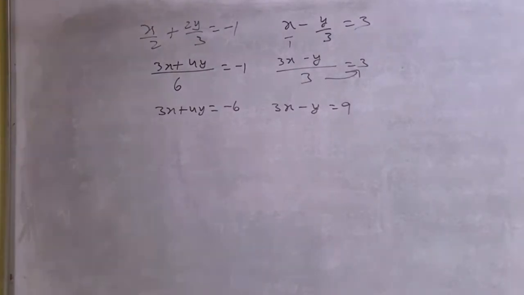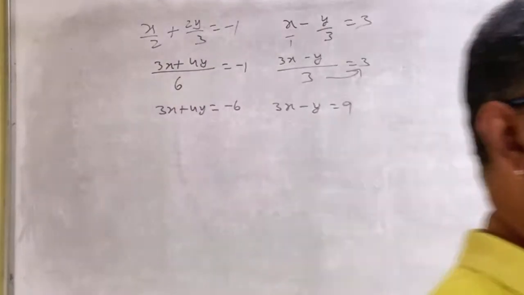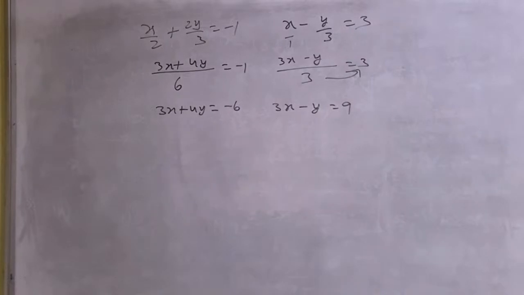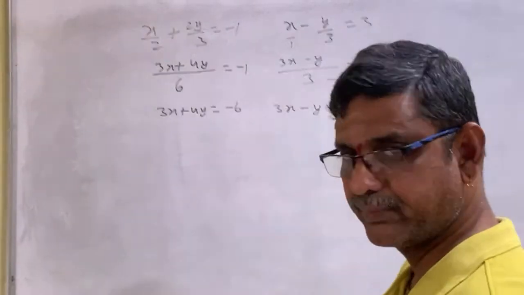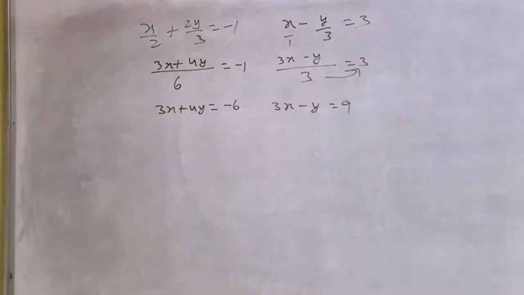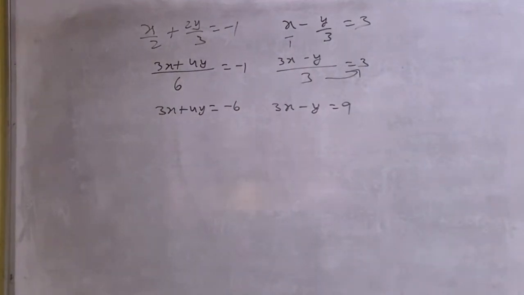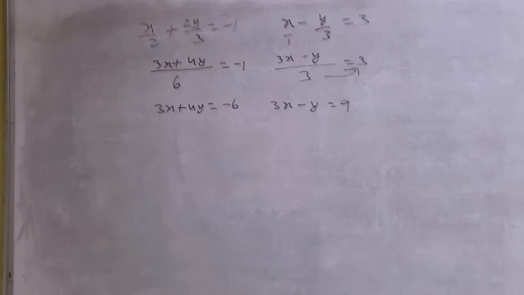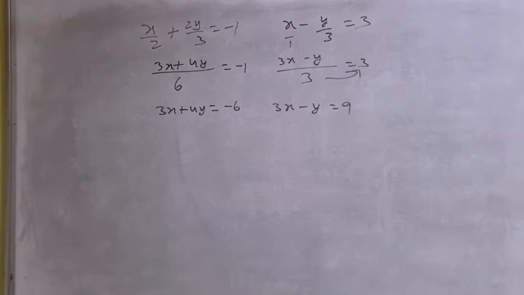Now, select the variable. LCM is over. Select the variable, children. Y, right? You are not observing the equations. Observe both equations: 3x + 4y = -6, 3x - y = 9.